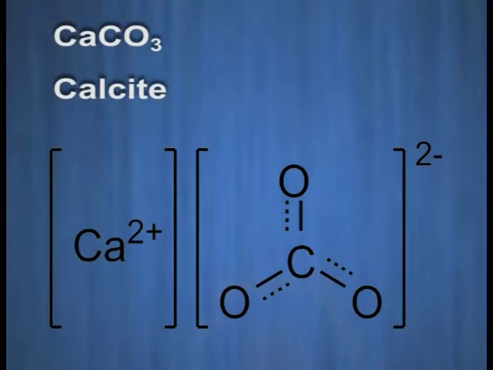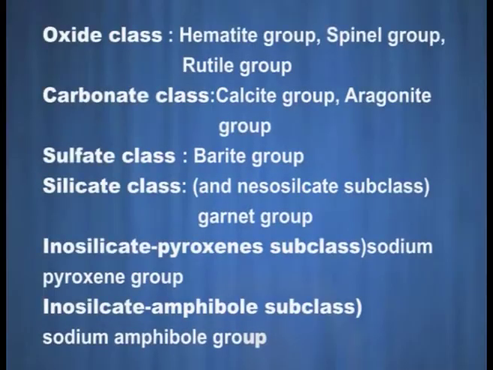More commonly, different minerals possessing the same atomic structure reflect similar chemical and physical properties and similar crystallography. Some examples of isomorphic or isostructural groups are: in the oxide class, the hematite group, spinel group, and rutile group are there.